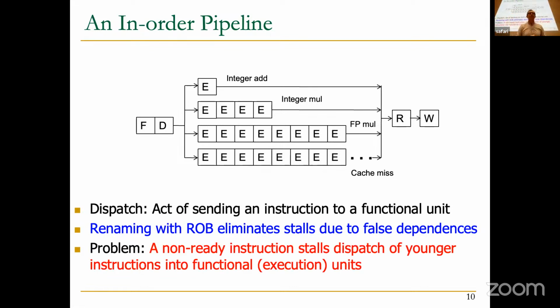Now, the problem still remains that if there's an instruction being decoded over here, and it doesn't have the values that it needs, or any one of the values that it needs, unfortunately, it cannot get dispatched. As a result, no other later instruction can get dispatched. So basically, an instruction stalls if it's not ready. So we're going to fix this problem today.